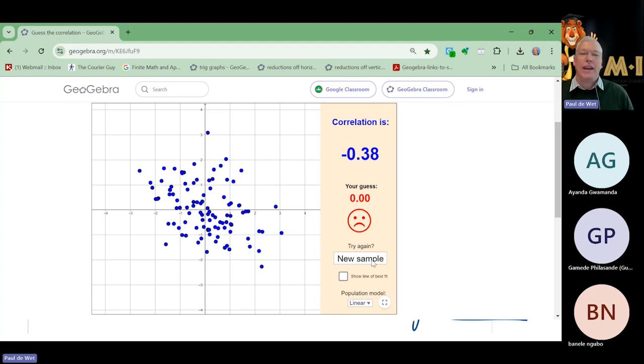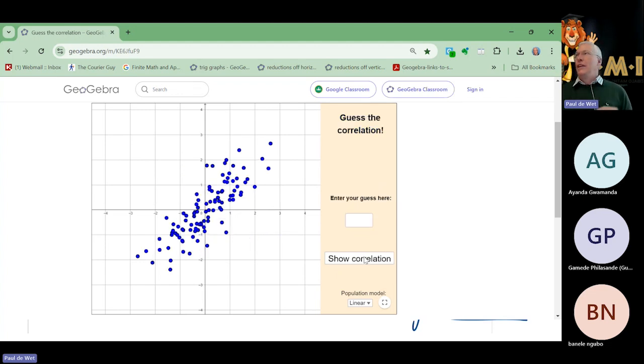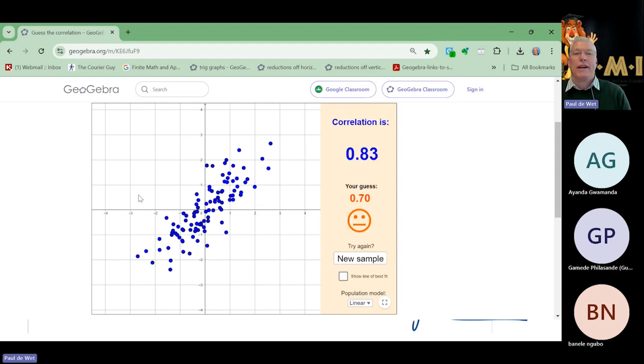It was negative 0.38. Let's try another one. Is this positive and strong? Is this negative and weak? It's positive and quite strong. I'm going to go for 0.7. And I'm going to say show the correlation, 0.83.